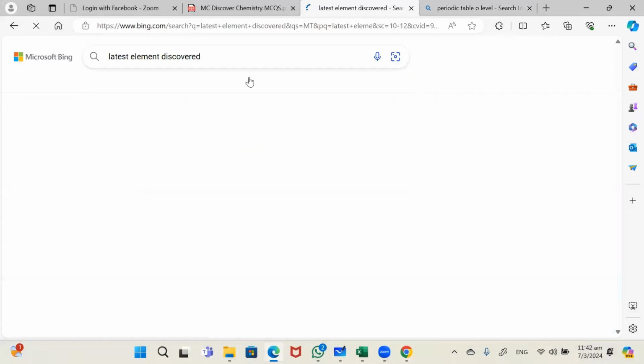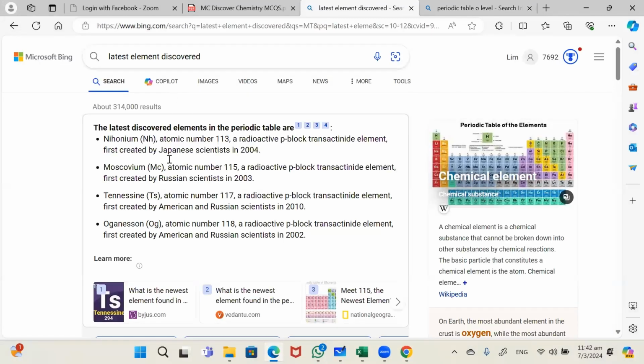Just for interest's sake, the latest element discovered. Wait, didn't he also have an element named after him, Mendeleevium? Okay, the latest discovered, Tennessee. We were thinking of whiskey. So there are American and Russian scientists. 2010.